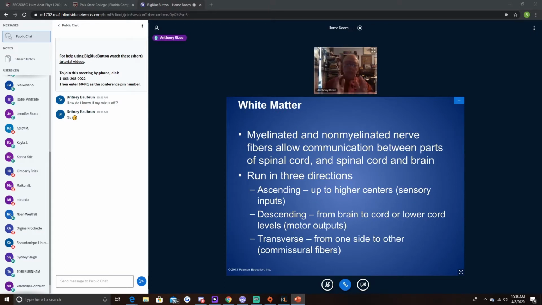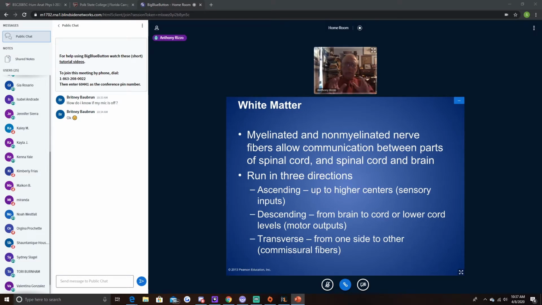Now, please remember that long fibers, long processes, long dendrites and long axons really have to be myelinated in order to get impulses rapidly enough from one end of the process to another. So long processes you can expect to be myelinated, and thus you can expect long processes to be white matter.